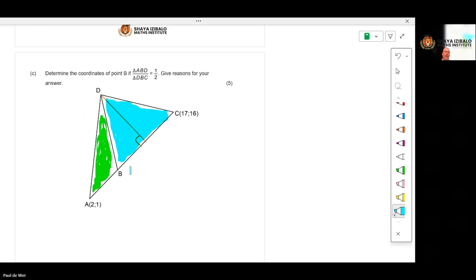Now, we are told the ratio of the green triangle's area to the other is 1:2. So for example, if this area is A, this area is 2A. Who can tell me how we can use that to find this point here? What do we know about the ratio of areas of triangles with a shared height?